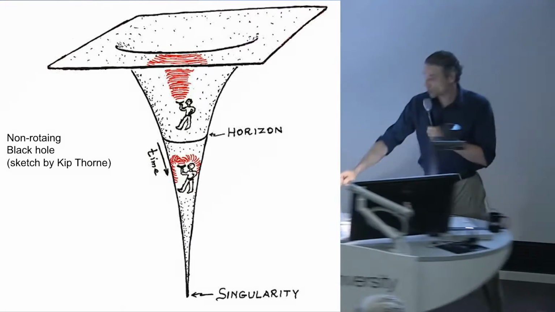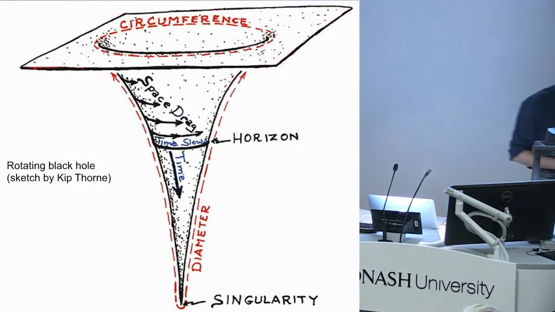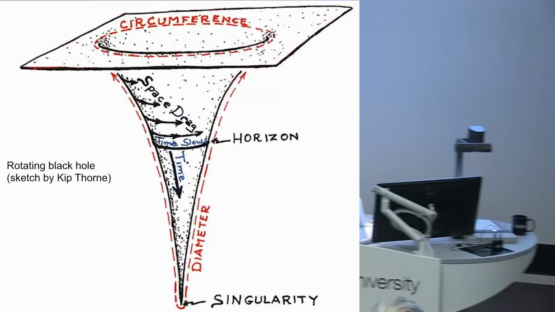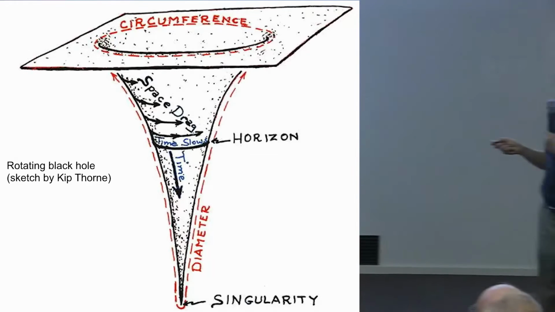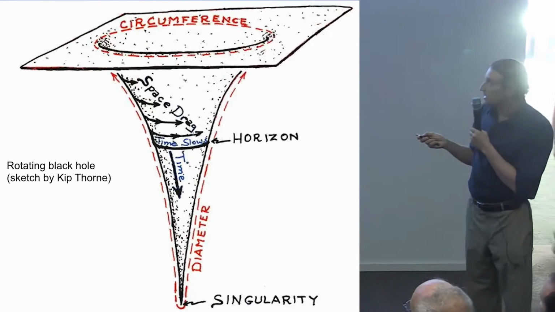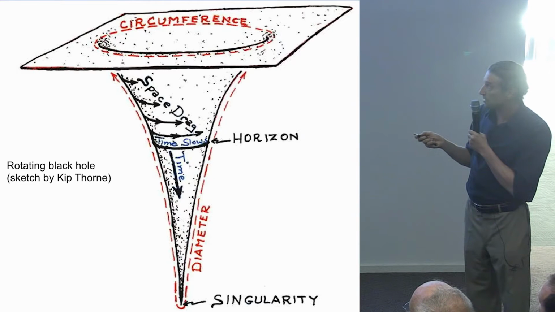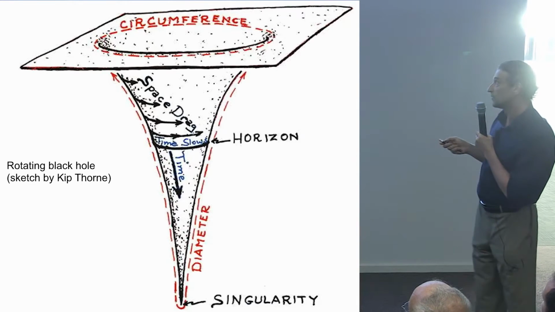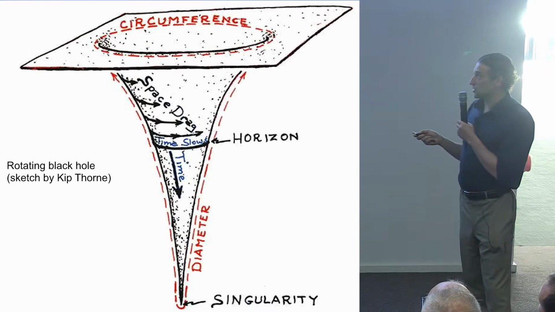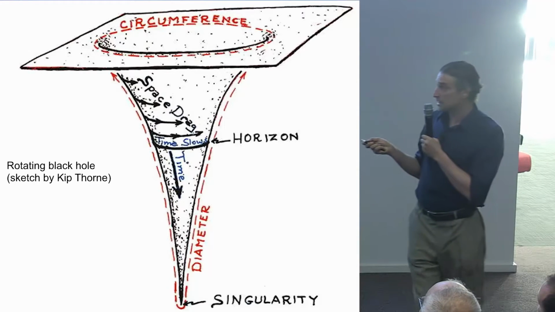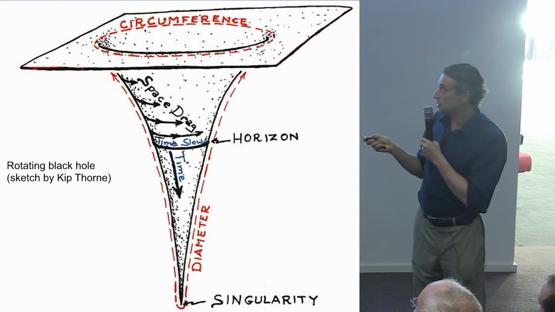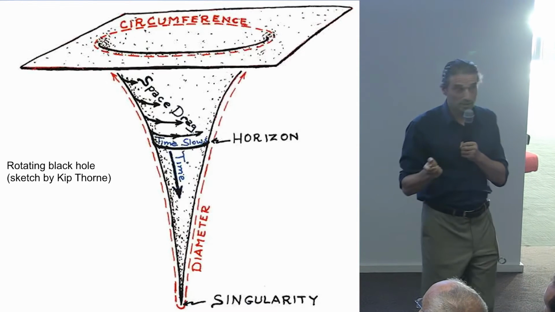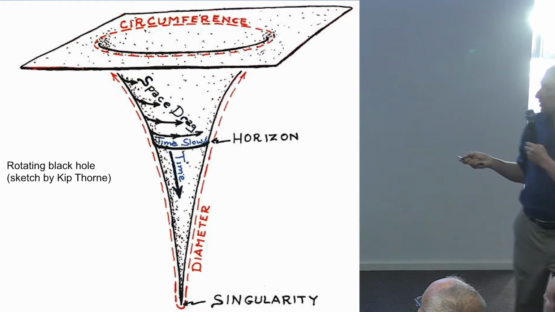And let me also show you a cartoon, a sketch of a rotating black hole. It's basically the same structure. You have a horizon, except the ergosphere is represented by this region of space drag. And one of the crazy features of black hole spacetimes is that the radial direction, what we normally think of as radius, turns into the time direction.